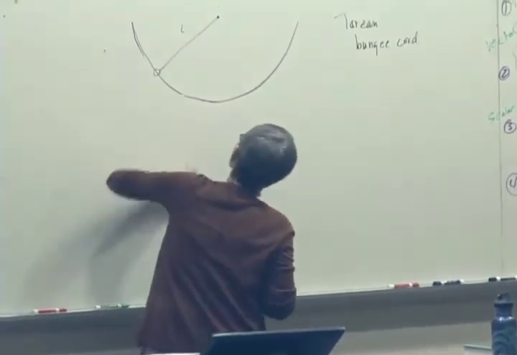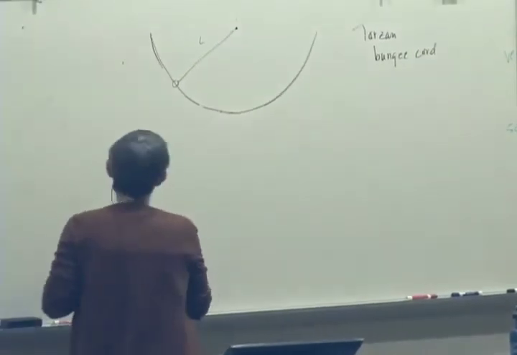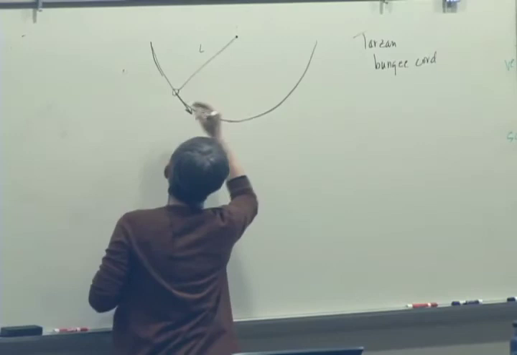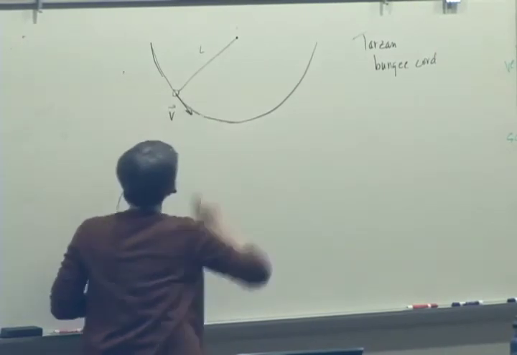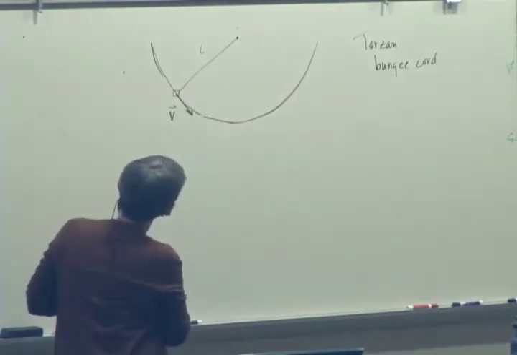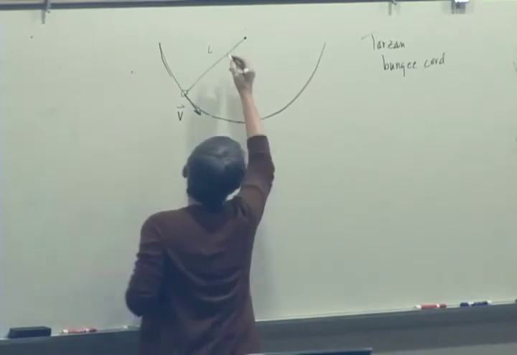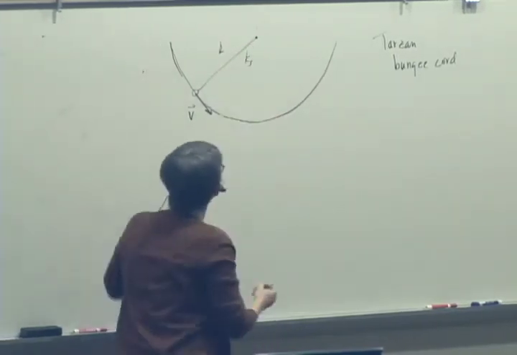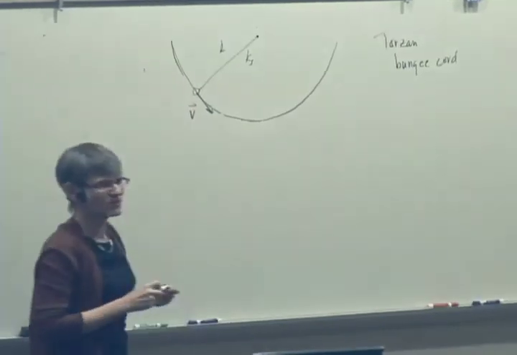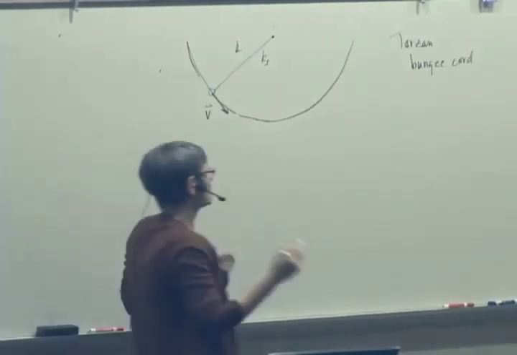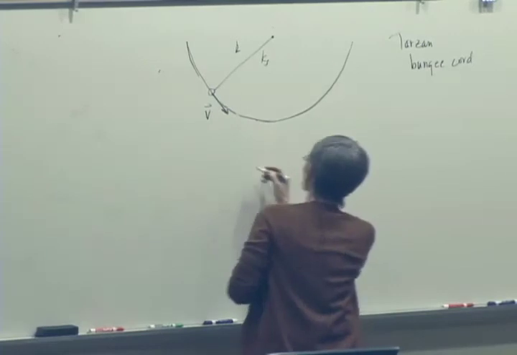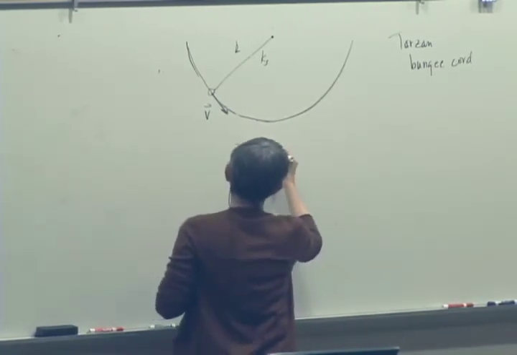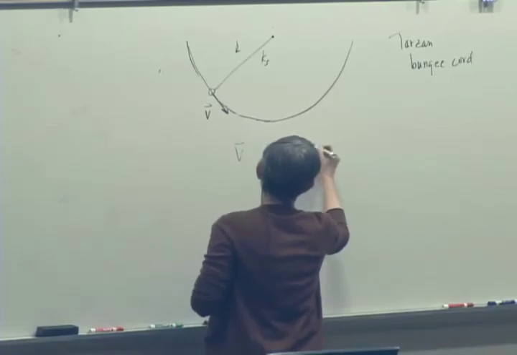Okay, so let's see. Tarzan's velocity at this instant is that, and we know the stiffness of the bungee cord, and we know how long it is at this time, and what is Tarzan's velocity 0.5 seconds later.